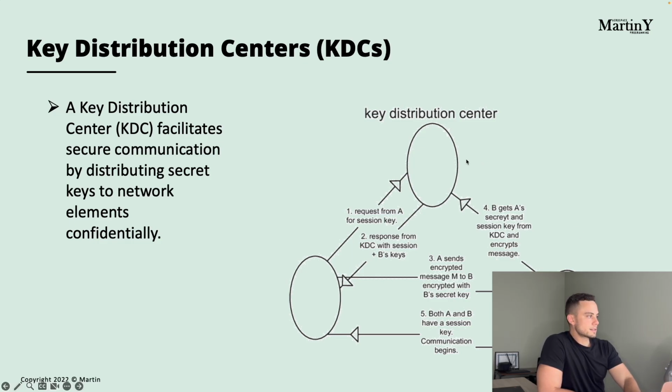So B will ask the key distribution center, can you give me the session key that you established with A already, and also the A secret key? And the distribution center gives the key to B. Once both parties have their secret keys, they can communicate and exchange messages. This is how the key distribution center works, and again, I want to emphasize this is for the symmetric keys.